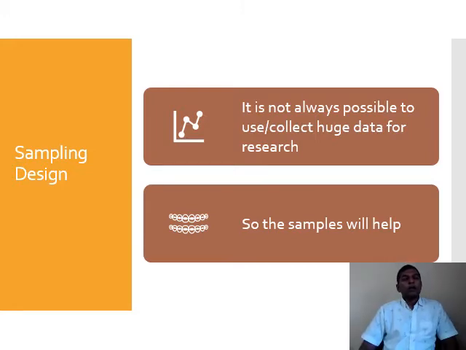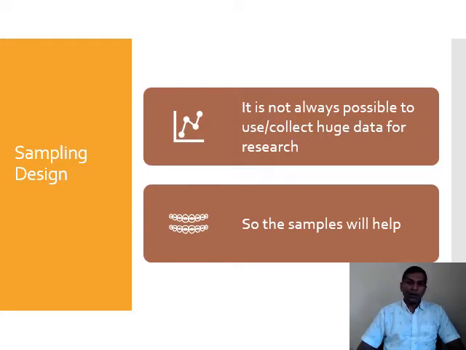Further, the next topic, sampling design. Many times it has been seen that when we go for a project, there is a huge amount of data available, and such a huge amount of data cannot be directly implemented.